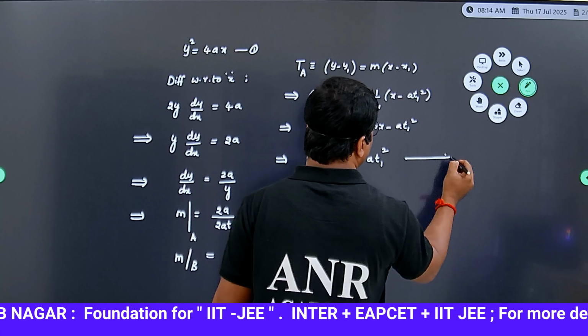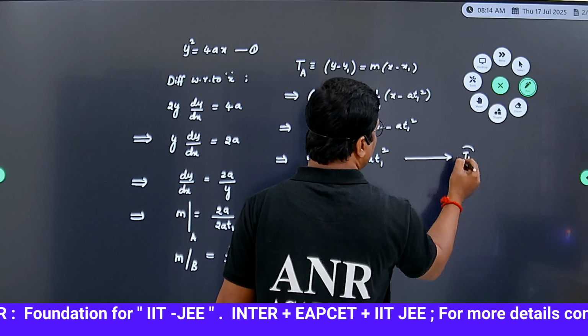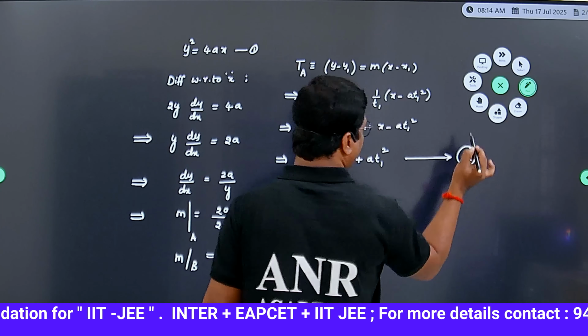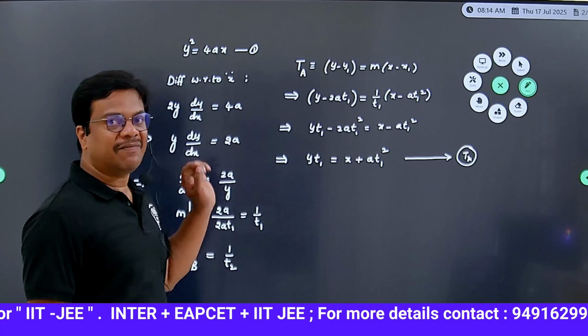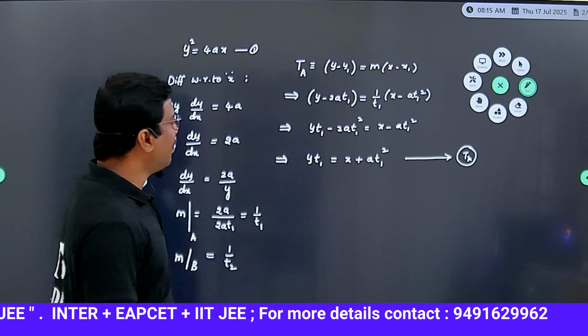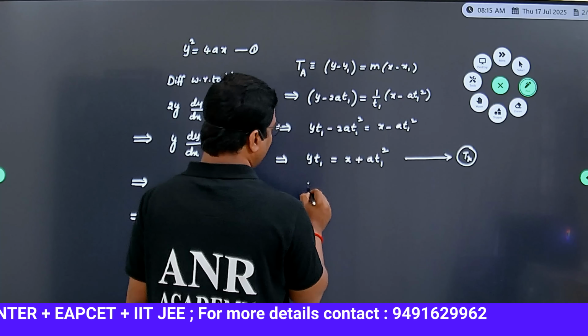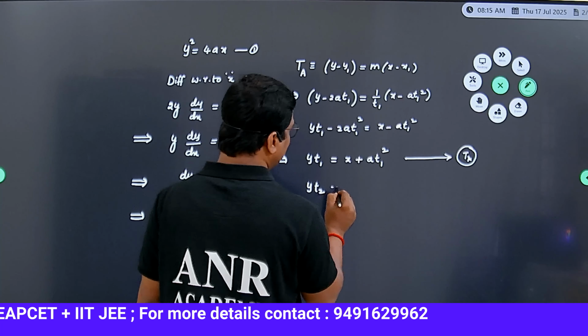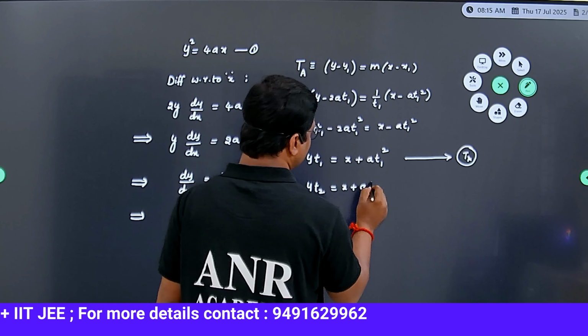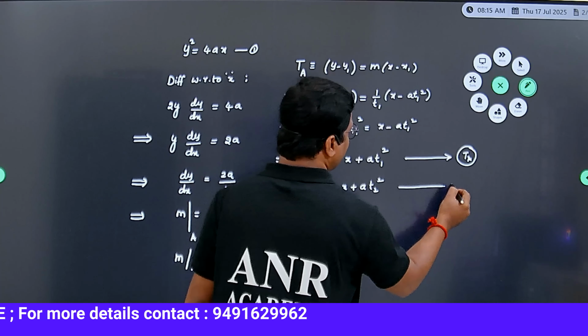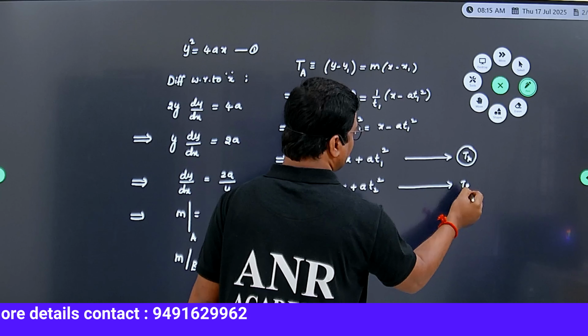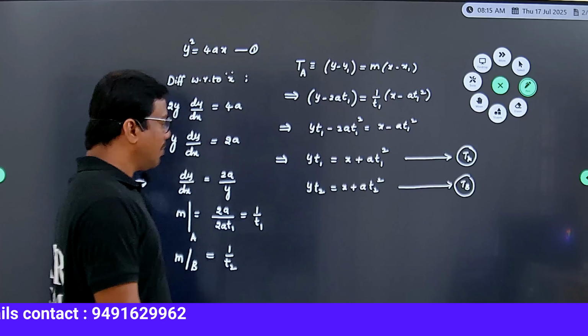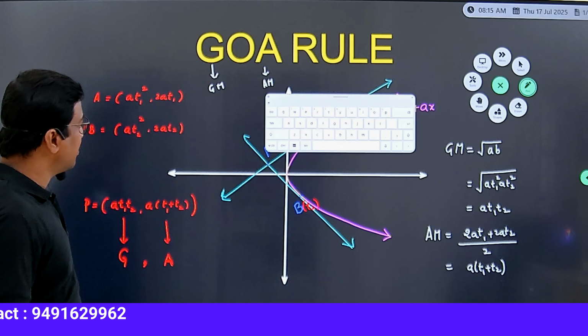This is first tangent at A. In the same way, if you select the point B, another tangent we get yt2 equal to x plus at2 square. This is tangent 2. We got equation of tangents.